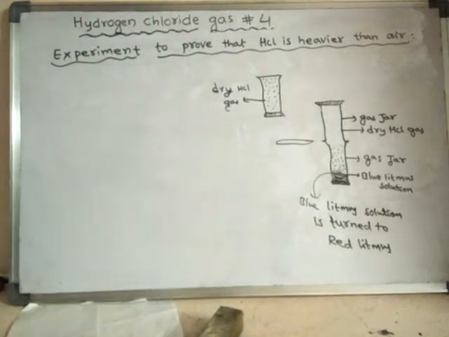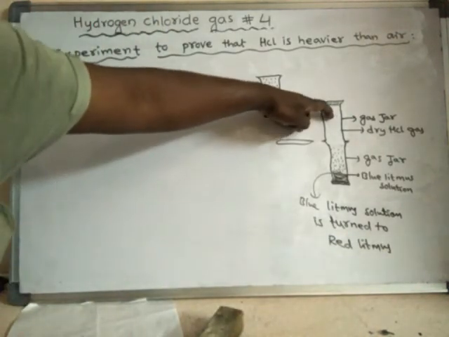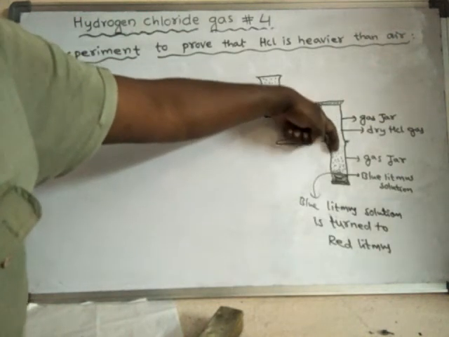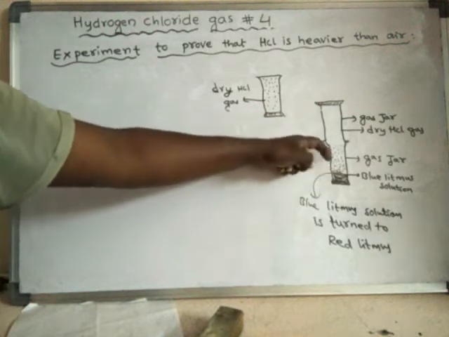Blue litmus solution is turned to red color when this dry HCl gas is introduced into the lower jar.